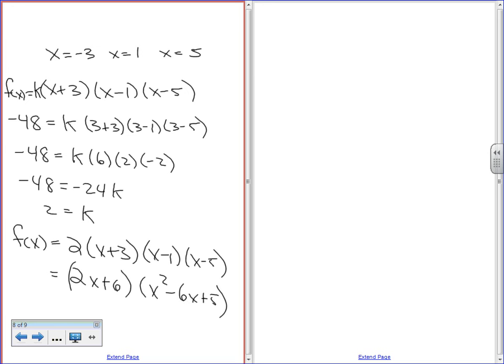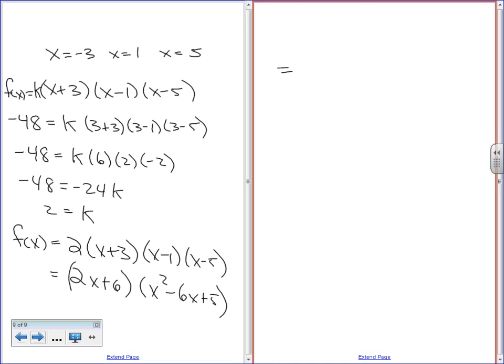And I get that. So now it's just a matter of taking 2x, multiplying it by each term there. So I'll get 2x cubed minus 12x squared plus 10x, and then now distributing the 6 in, plus 6x squared minus 36x plus 30.